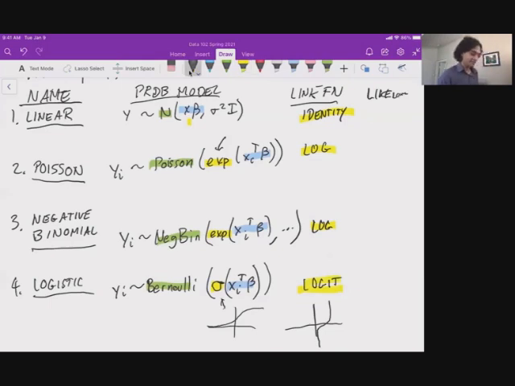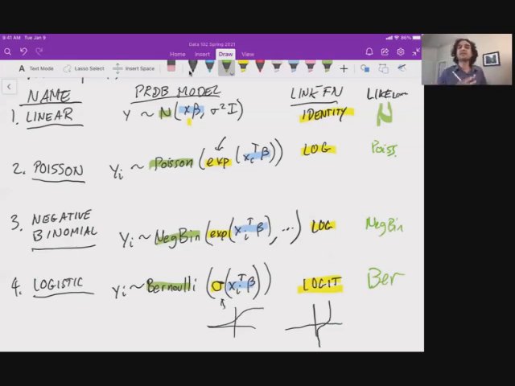And then we have likelihood models, right? Here the likelihood is normal. Here it's Poisson. And here it's negative binomial. And here it's Bernoulli, right? So this is 4 different link functions and 4 different likelihood models.